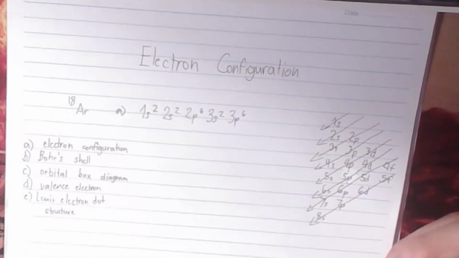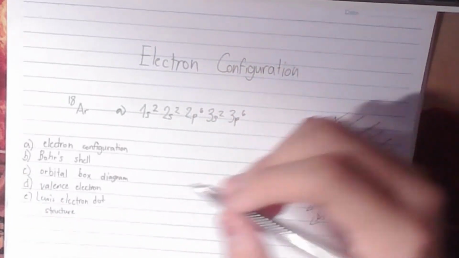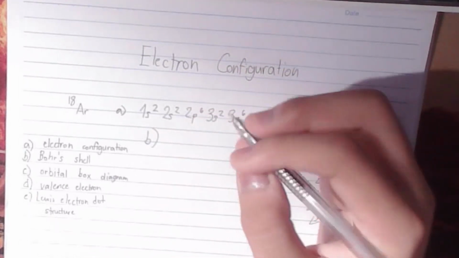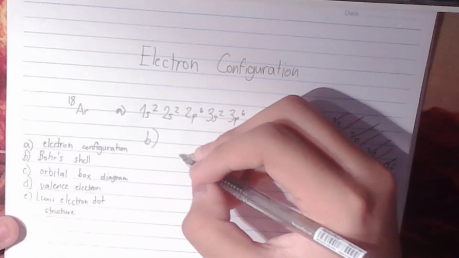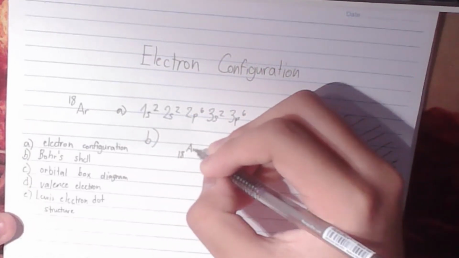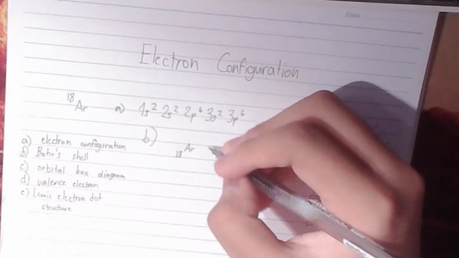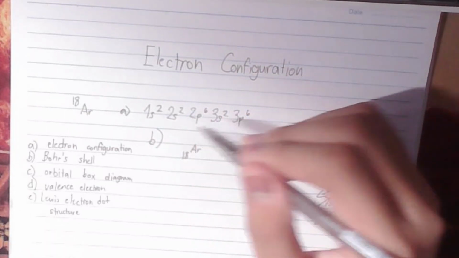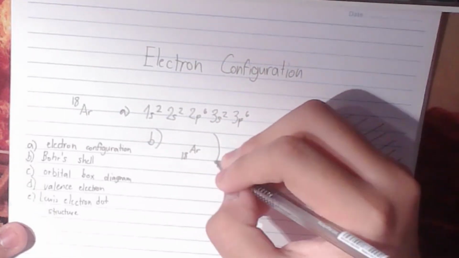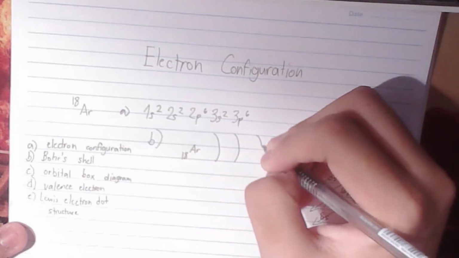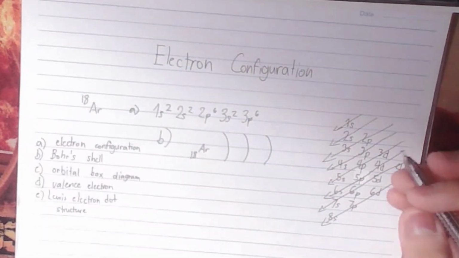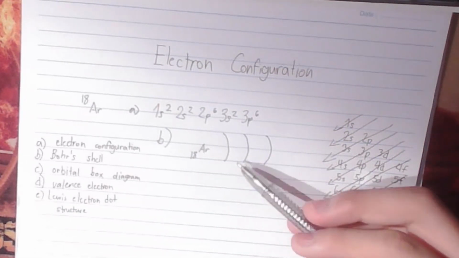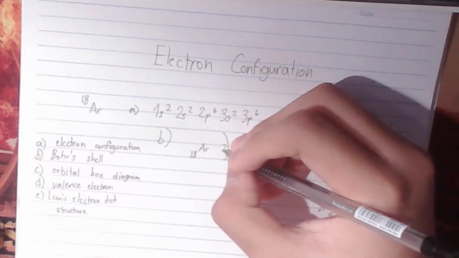Next, how do you write it in a Bohr shell? It's very easy. First, you write the symbol, and then you write the amount of electrons in each shell. We have 3 shells: 1, 2, 3. Remember that the maximum amount of electrons in the first shell is 2, so we write 2.